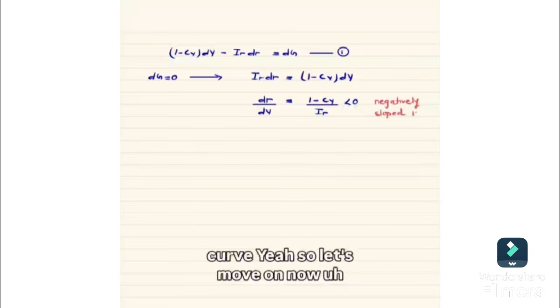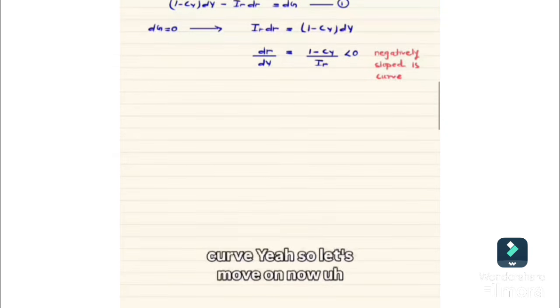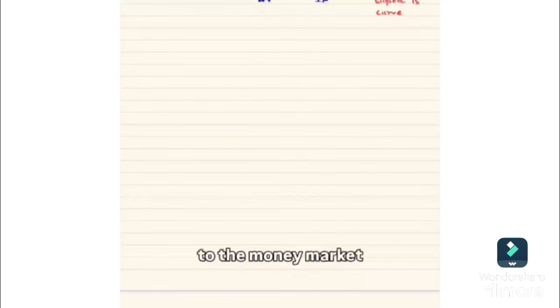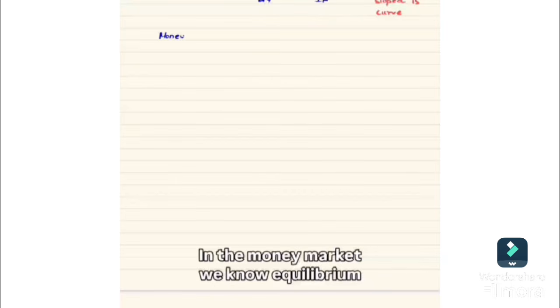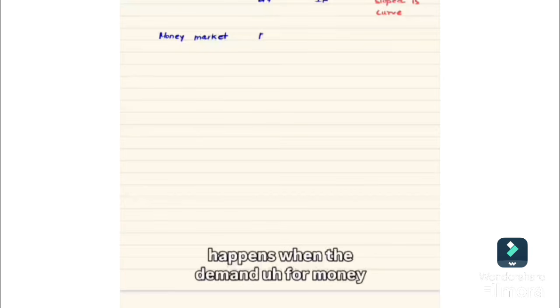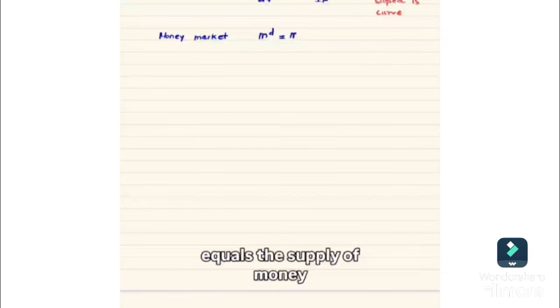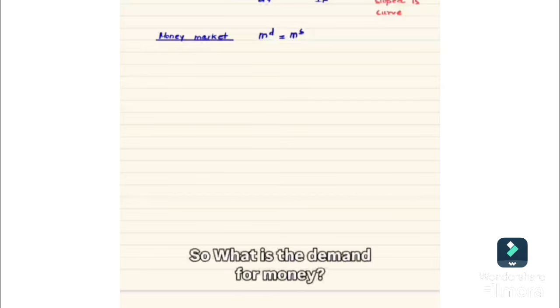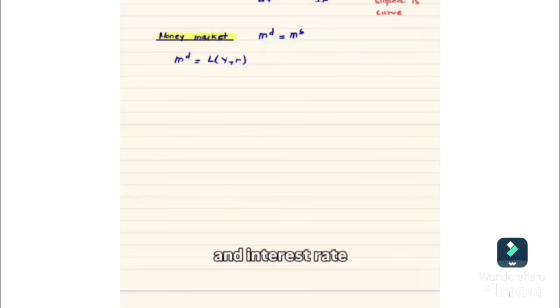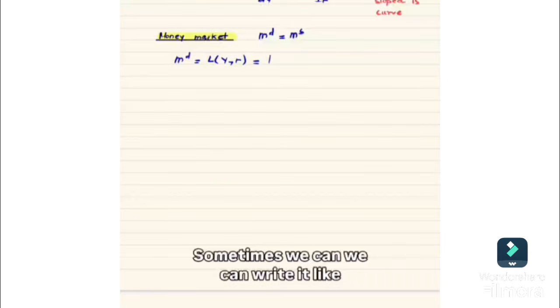So let's move on now to the money market. In the money market, we know equilibrium happens when the demand for money equals the supply of money. What is the demand for money? Demand for money is a function of output and interest rate. Sometimes we can write it like this: h0 plus h1y minus h2r, for instance.